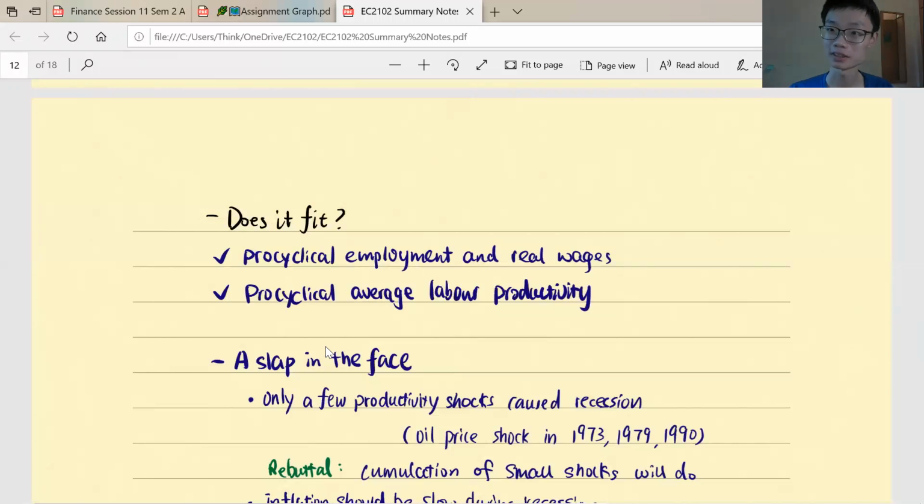When output increases, employment also increases, so real wages also increase. That's right. It also predicts the pro-cyclical average labor productivity. When output increases, it's likely that we are going to work harder to meet the demand of the output to get more wage. Yes.